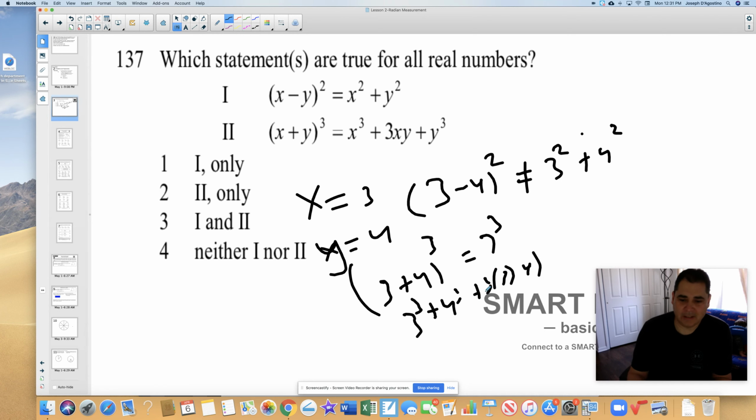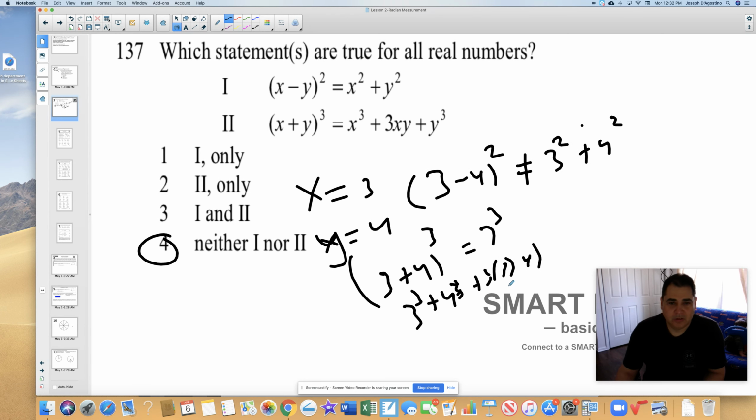Absolutely not. It's not going to be the same. So it's actually neither. You can always use a calculator to verify that. But 7 to the third is not going to be the same thing as 3 to the third plus 4 to the third plus 3 times 4.